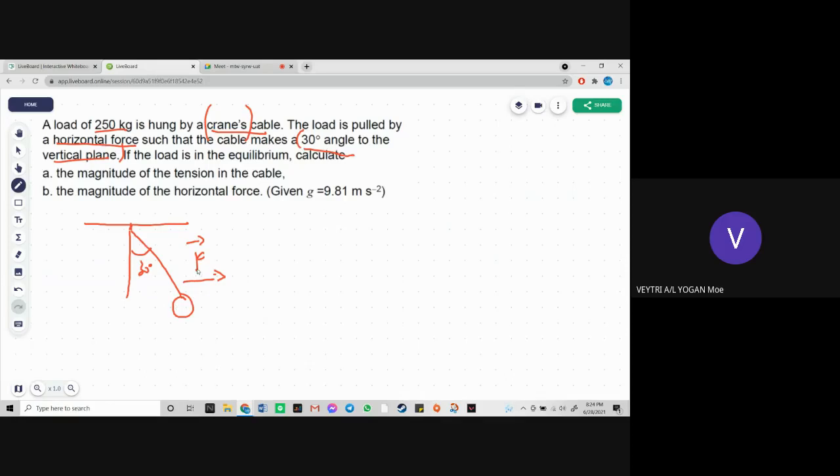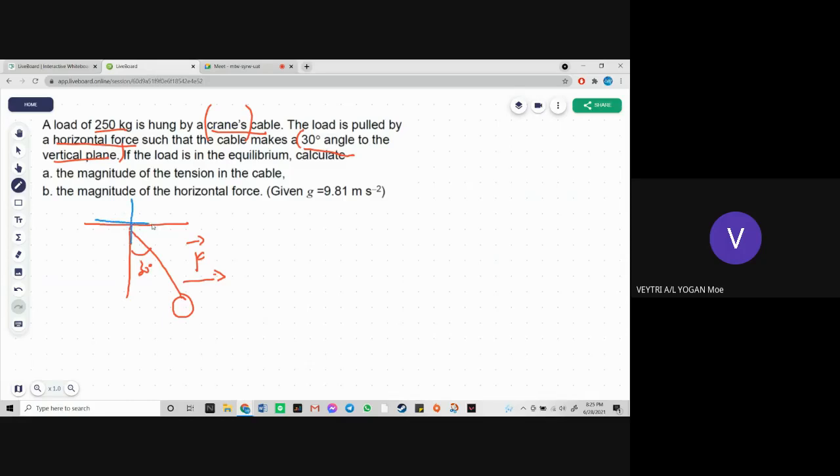Now, let's have a look at the free body diagram. Okay, you guys know very well this is happening over here. So what do we do next? The beauty of physics is whenever something is downwards, okay, benda ni downwards kan, automatically we have to draw a Cartesian plane over here.